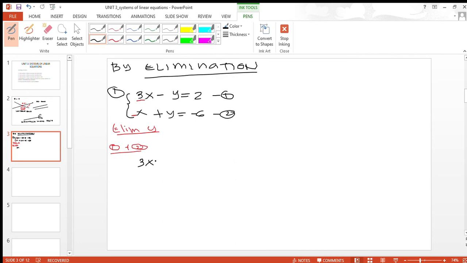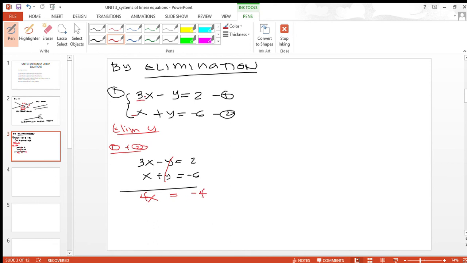We have 3x minus y equals 2, and then x plus y equals minus 6. If we add the two equations together, we add the terms involving x: 3x plus x will be 4x, minus y plus y is 0, and then we have 2 minus 6 is minus 4.